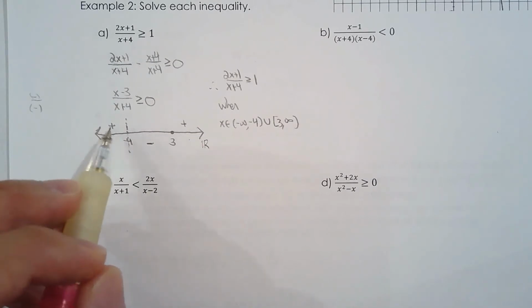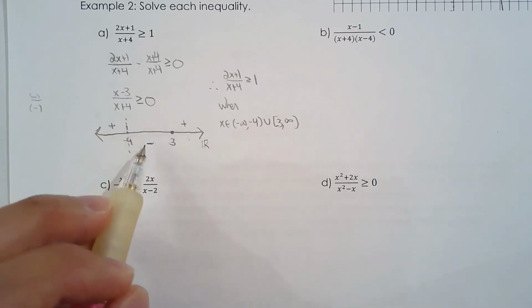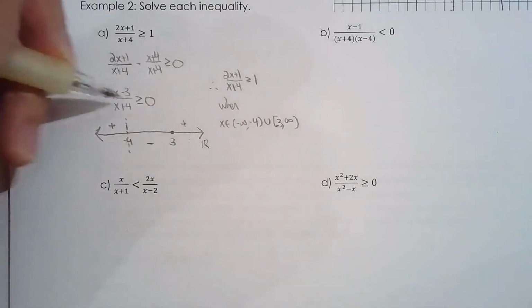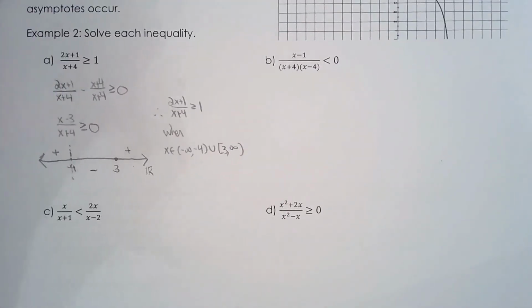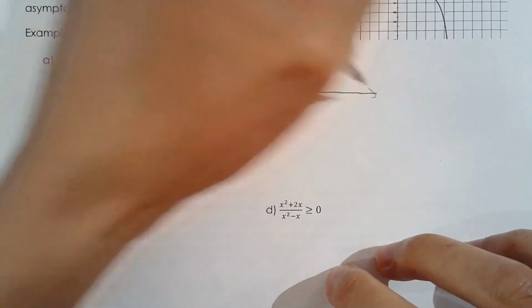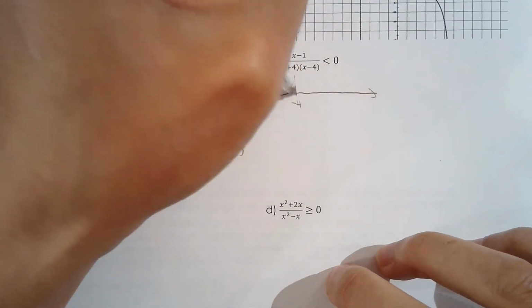And from there, I know I either switch it to a negative or to a positive and so forth and so on. You either change the sign or you keep the same sign. And you can tell by looking at the factors. So B is much easier than A because I don't have to set equal to 0 and simplify. It's already done for me.